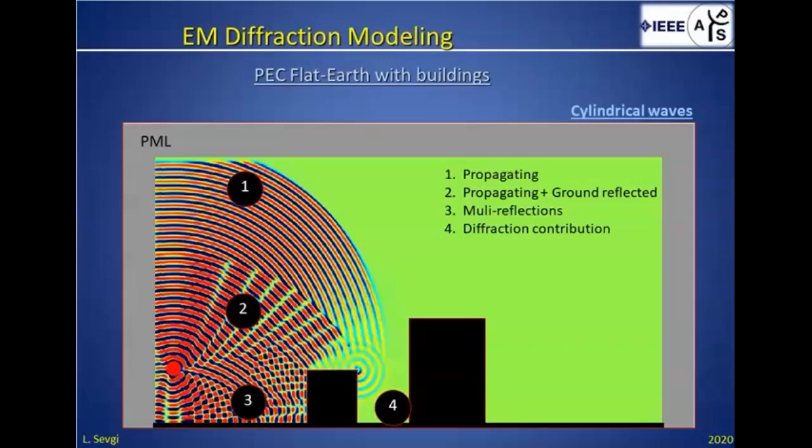It seems as if we put another transmitter there. So tips and edges create secondary sources, basically from the effects of diffraction. We will see how we get them, how we can compute them, and how we can simulate them.